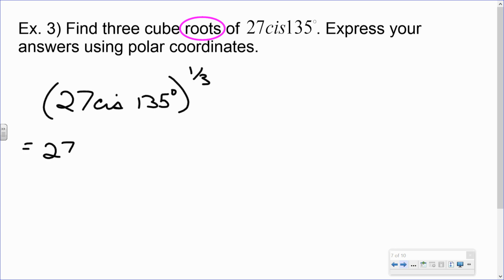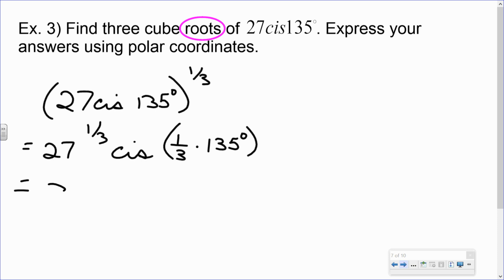It will be 27 to the exponent 1/3, and it will be cis of the exponent times the angle, so 1/3 times 135. So, K, what's the cubed root of 27? And 135 divided by 3, Emily-Ann?